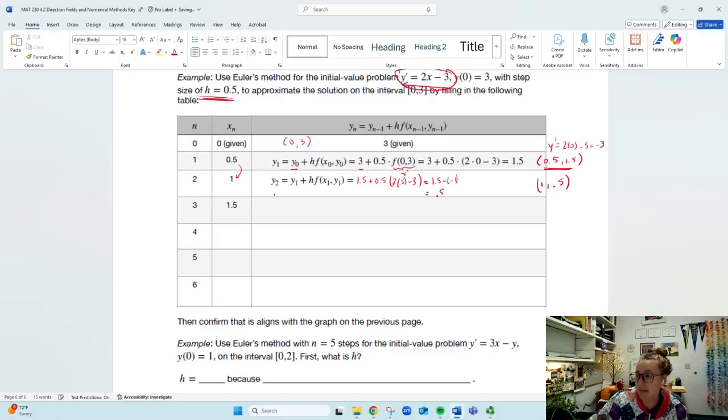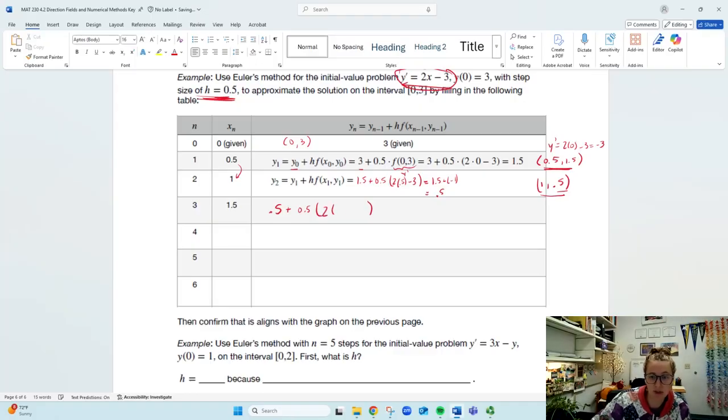I'm going to do this one more time, and then I'll have you guys work on this. To find this next one, I'm going to take my y value from over here. That's where I'm starting. And then I am going an h of a distance, which also happens to be 0.5. And then I'll plug this whole point into my y prime.